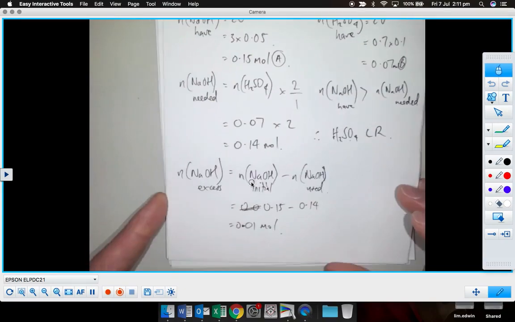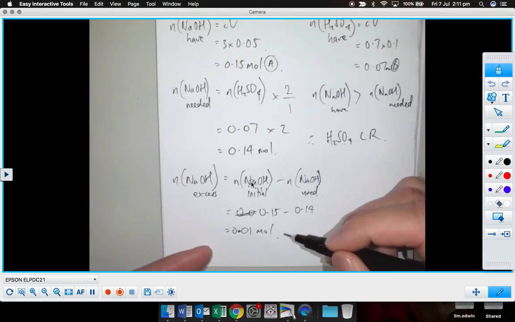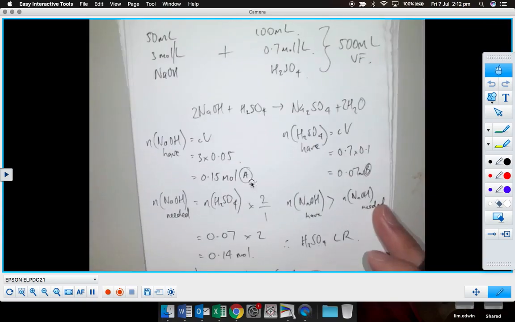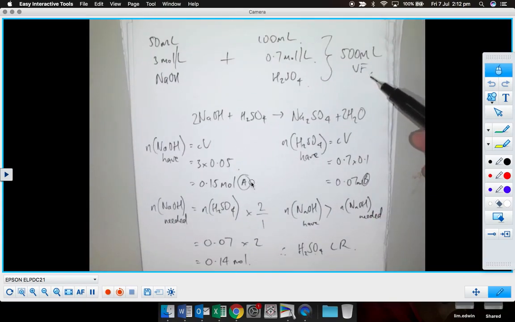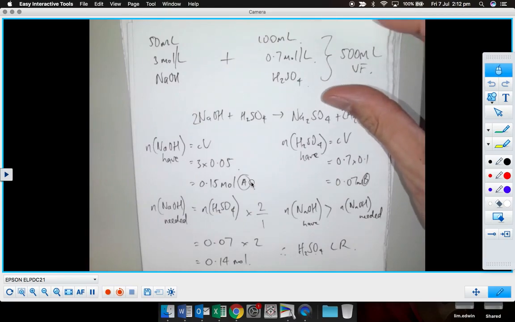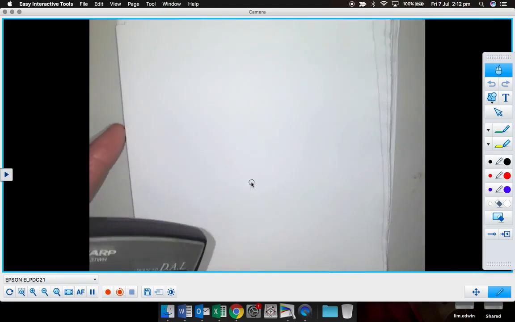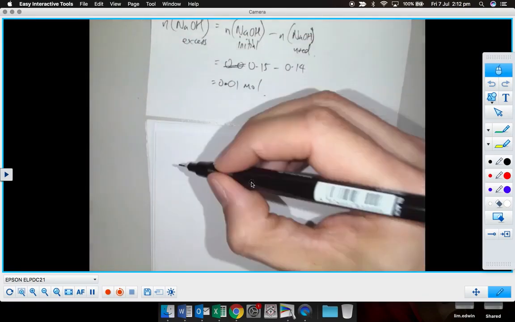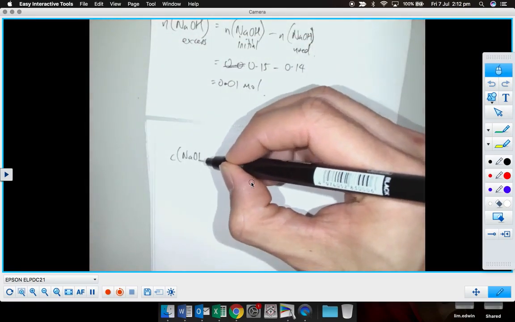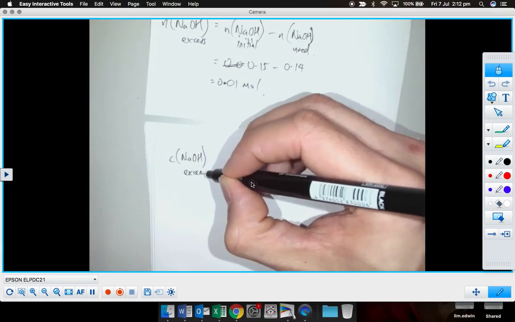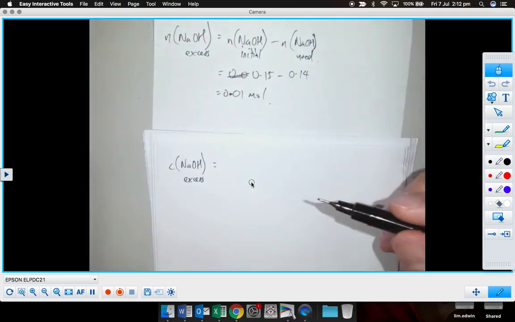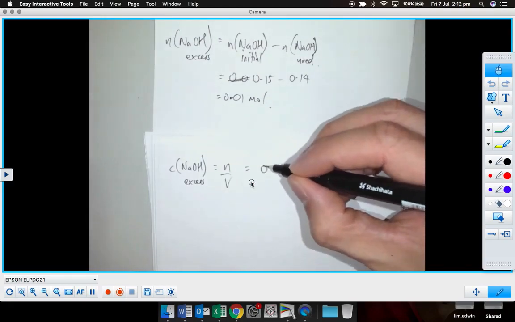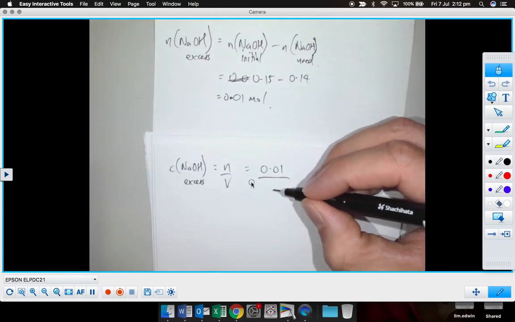Okay. Again, you can't just use the number of moles of things. You have to go into concentration. So remember that they made it and put it into a 500 mL volumetric flask and made it up to the mark. So the concentration of the NaOH excess will be equal to the n on V, which happens to be 0.01, over, what's the total volume?